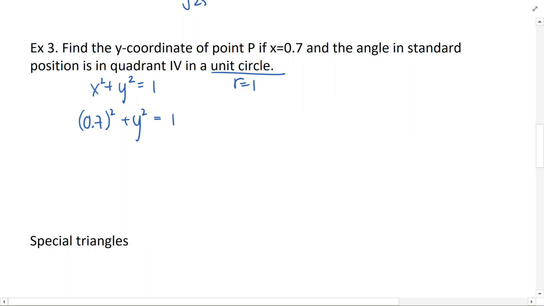So we're just going to move things over. Let's isolate y by itself. So y squared equals 1 minus 0.7 squared.